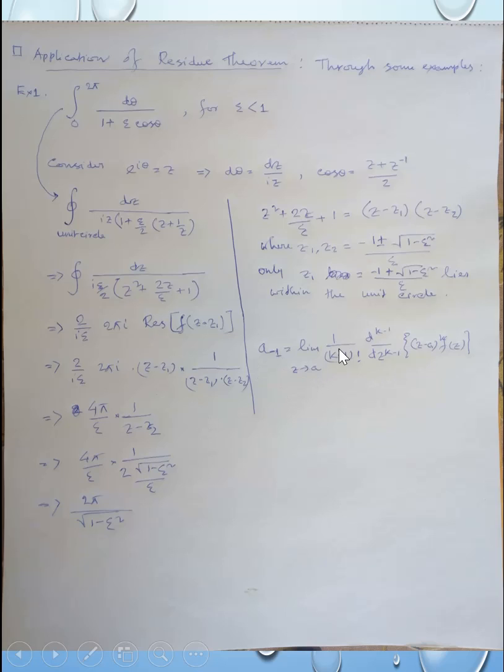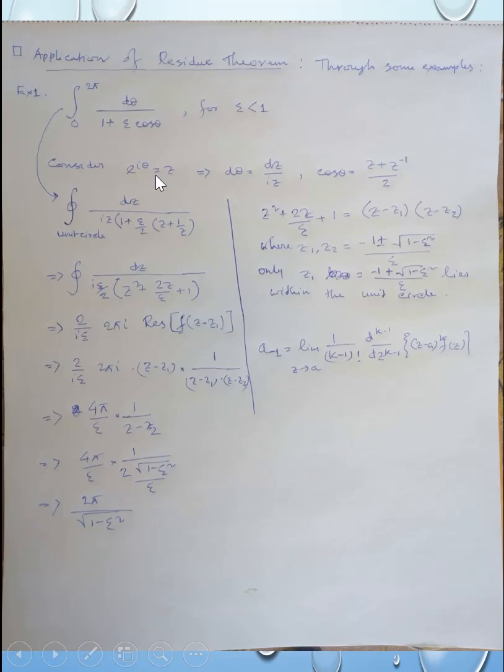So I have just applied the equation and got this answer. So from this problem you have learned that for functions like cos theta and sin theta, you have to replace the variable by z equals exponential i theta.